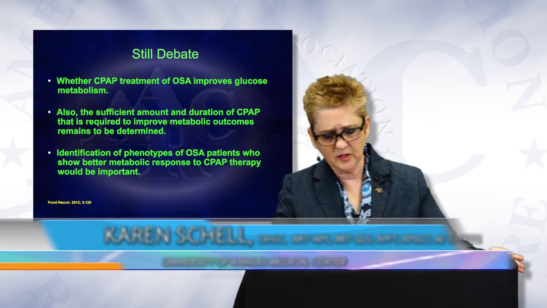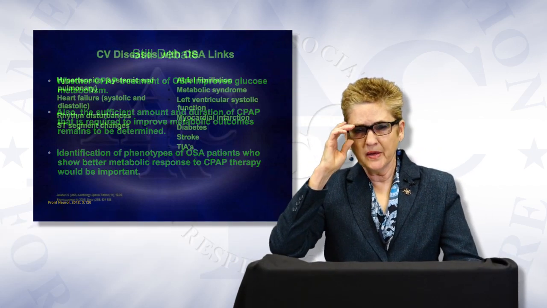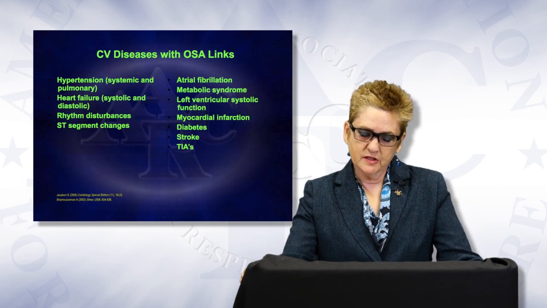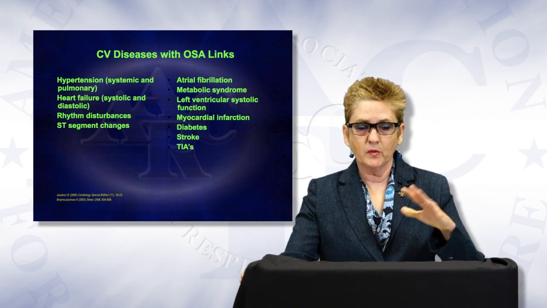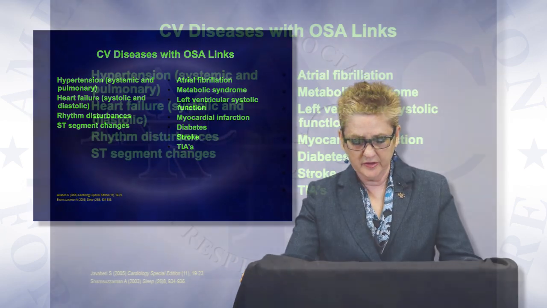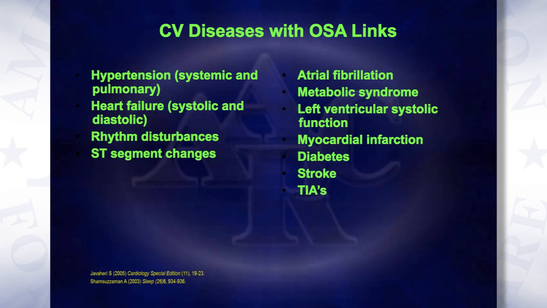We also need to look at other diseases when we talk about our patients, and one of the ones we want to talk about today is cardiovascular disease. Looking at diseases that are all connected anyway, when we look at cardiovascular disease and OSA links, we're really looking at hypertension, both systemic and pulmonary.